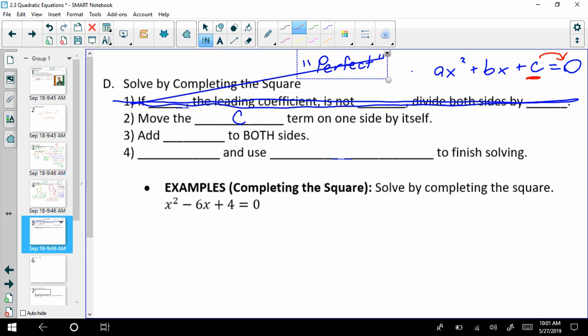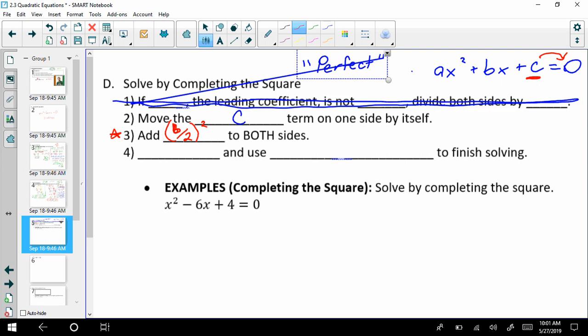Okay, step 3 is where completing the square comes into play. So what we're going to do is take the b term, whatever is sitting in the b spot, and divide by 2, and we're going to square it. And this number we're going to add to both sides. Now if you're getting overwhelmed by this, I promise once I show you with numbers, you'll see why we're doing this.